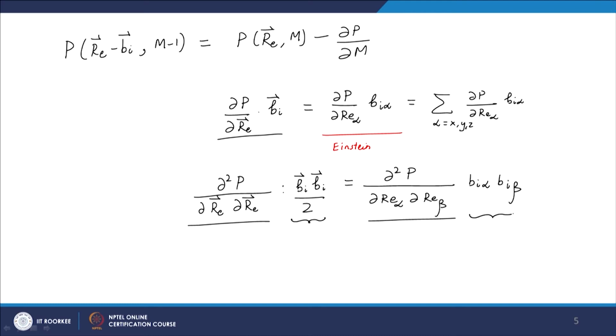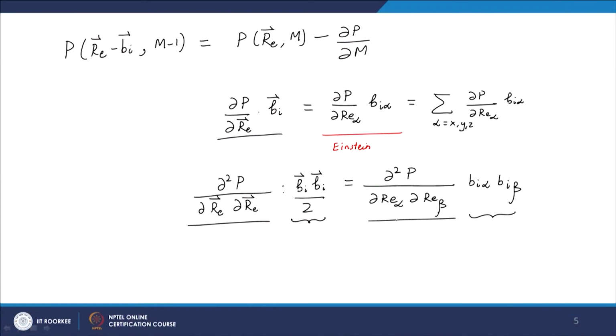This is again a tensor representing this particular tensor. When I apply the dot product twice, we will have repetition of both alpha and beta, which were present as free indices in the two tensors, and that is why the end result contains no free indices. It only has two dummy indices, alpha and beta, and so this particular thing is a scalar. Okay.